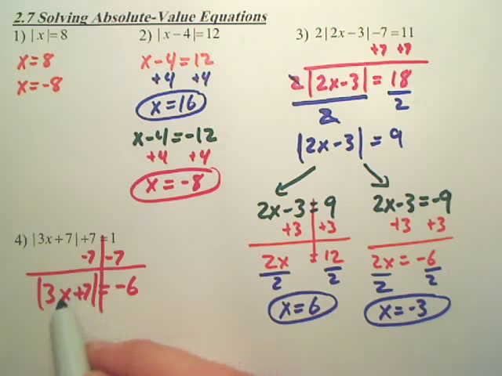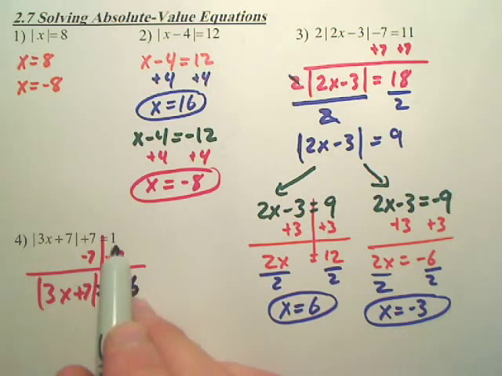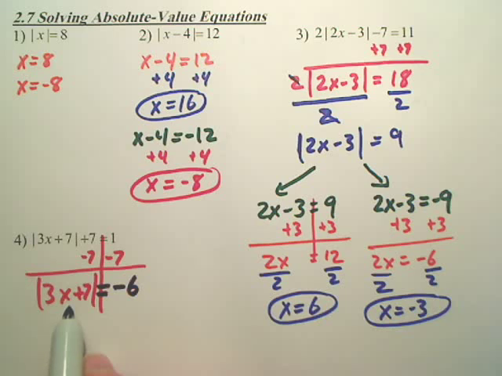No matter what I plug in for x here, because this equals a -6, when I move the 7 over, I get -6. There's no way to take an absolute value and get a negative out. So basically, this is not possible. There are no solutions.